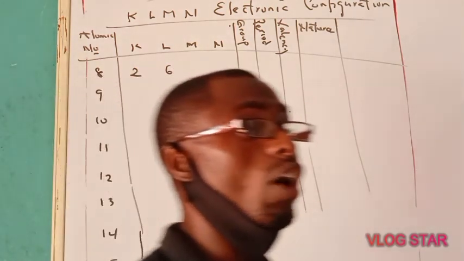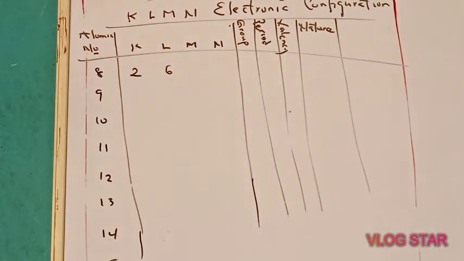While the number of shells the electrons of an atom occupy gives the period of the atom.